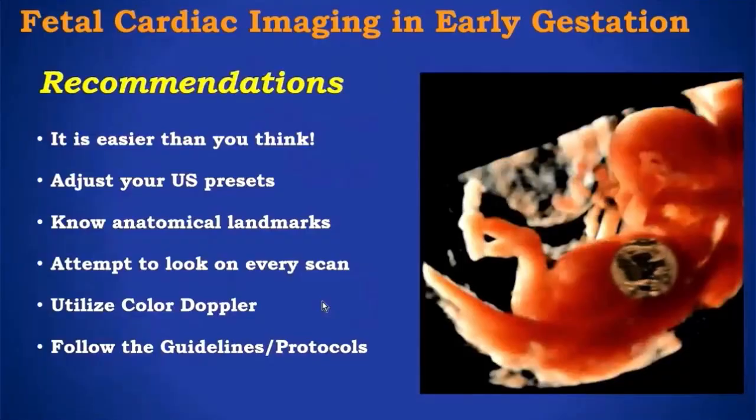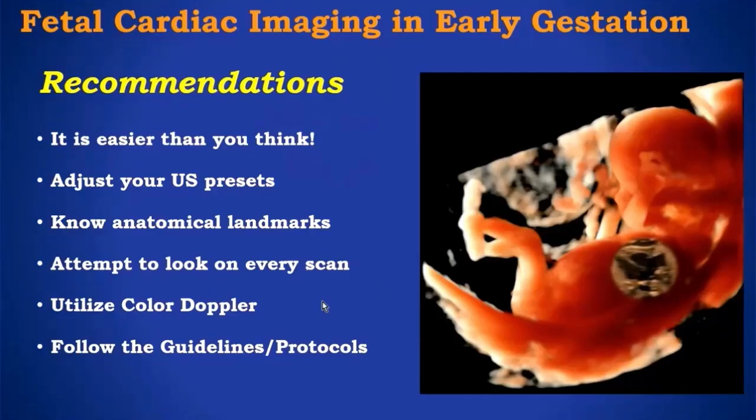And these are just my recommendations: once you are using your skill on a routine basis, it would not be as difficult as you think. You need to make sure that you adjust the presets, and again, the system has a lot of tools that can help you.